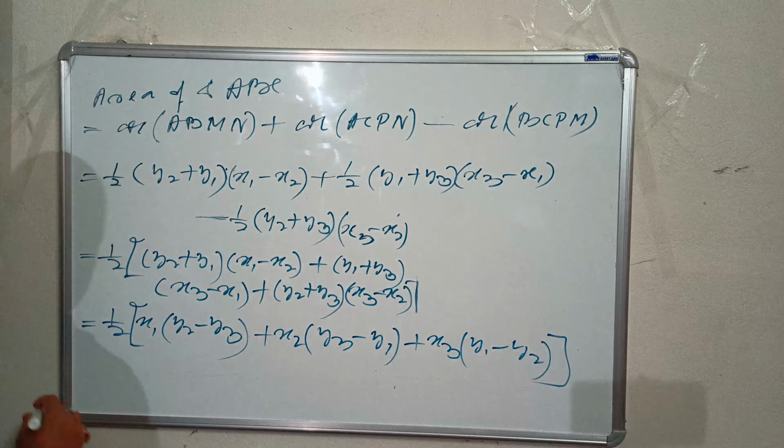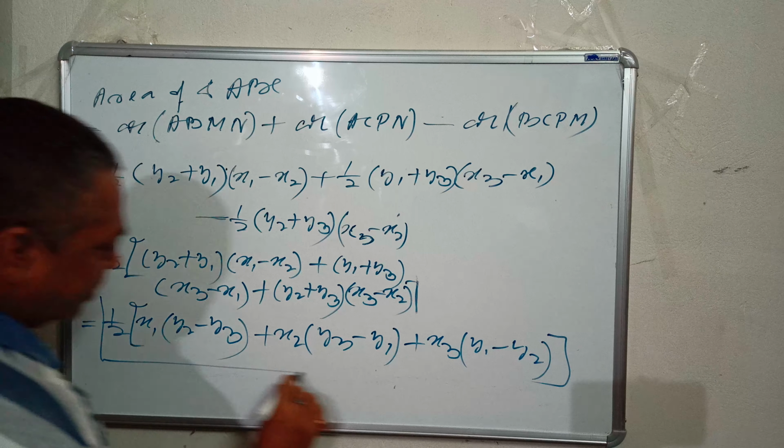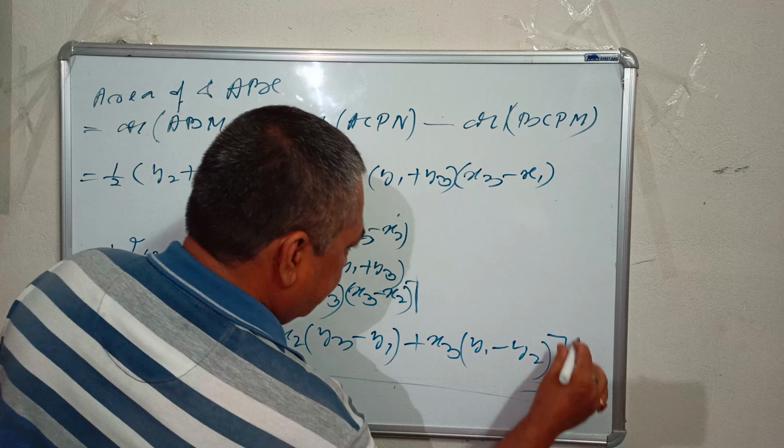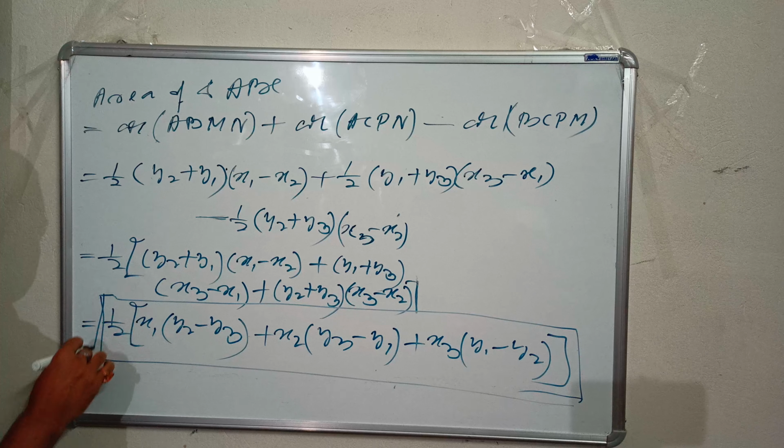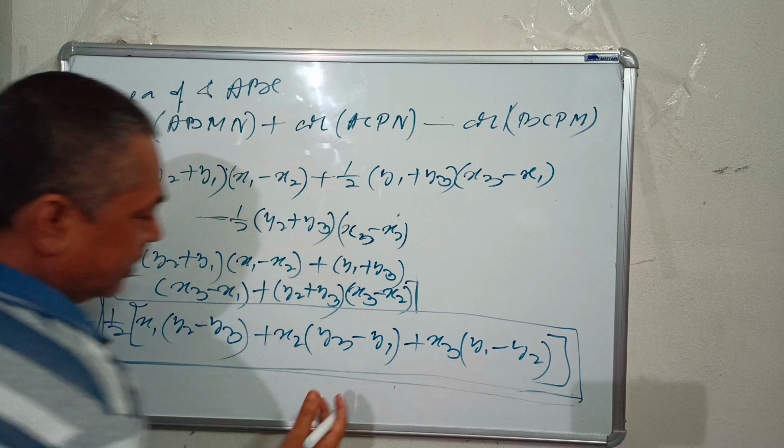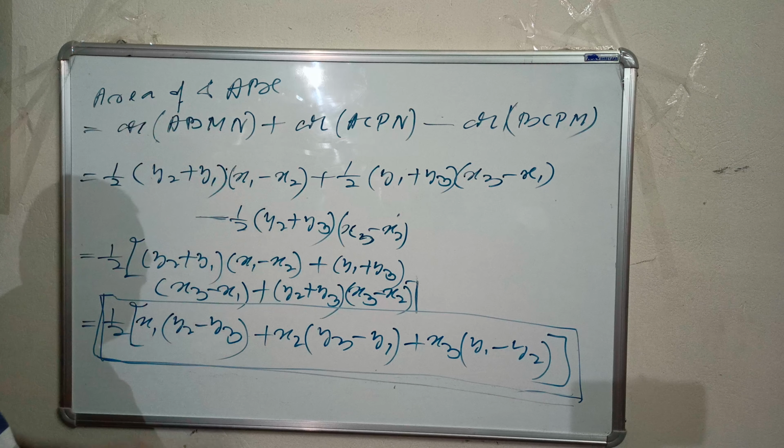Half into this is your formula to find the area of a triangle, any triangle whose coordinates are given.